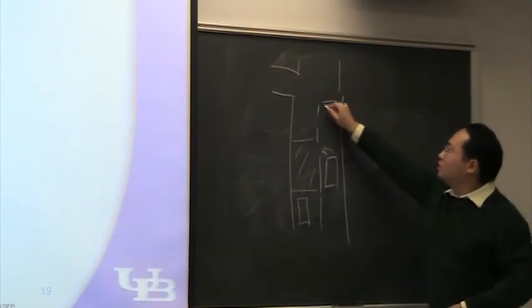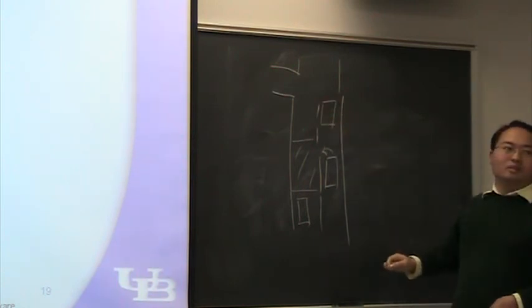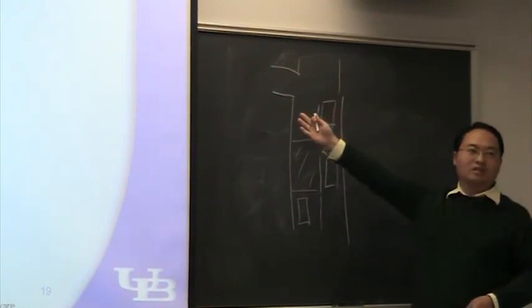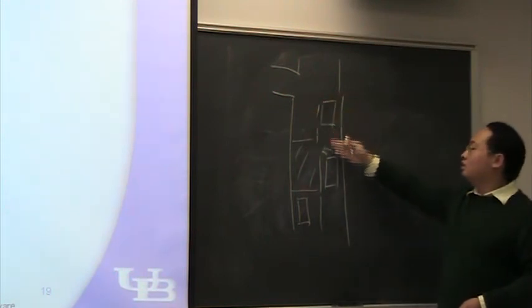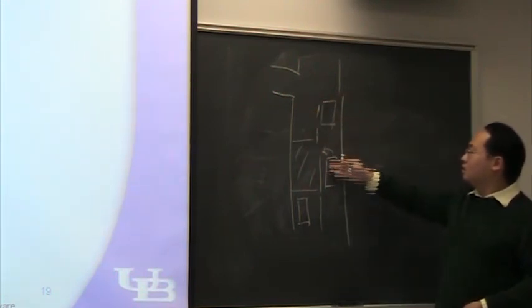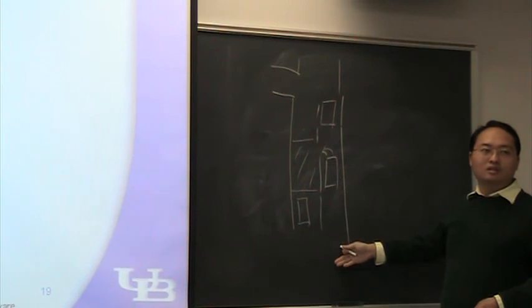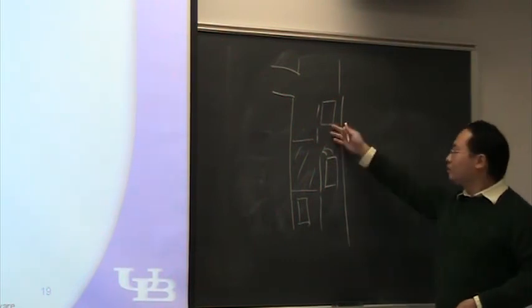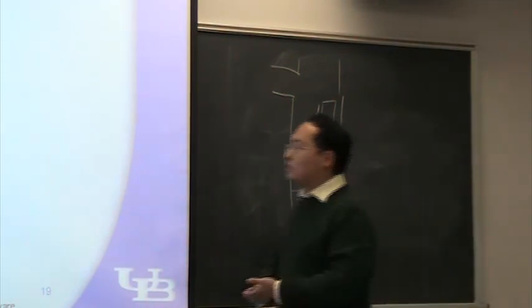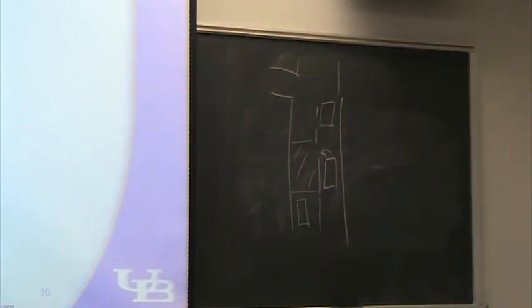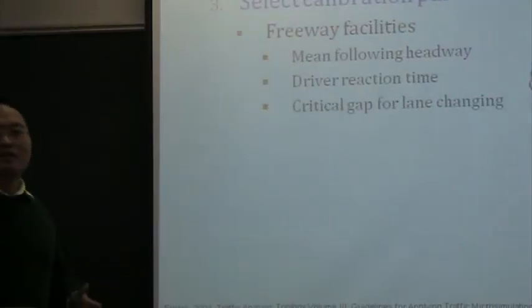But when it reaches this location, it may stop here to wait for a critical gap. And that will cause this lane to be blocked. Okay? So that's why the critical gap for lane changing will affect the capacity.